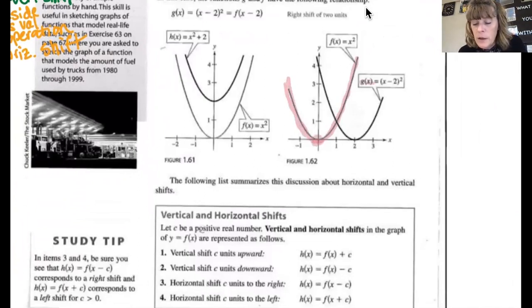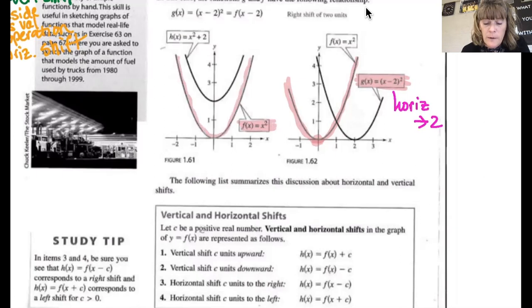And then you'll see here that we have a minus 2 inside the square, so that would be a horizontal shift. And it's a -2, so that means it goes to the right 2. If it was a +2, it would go to the left 2.